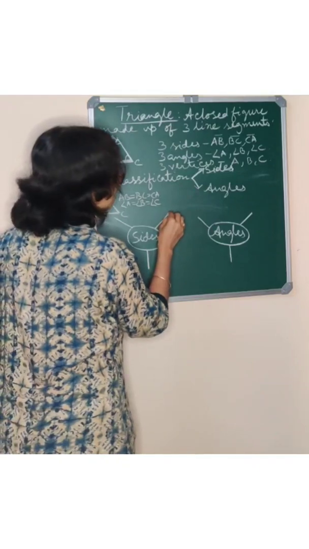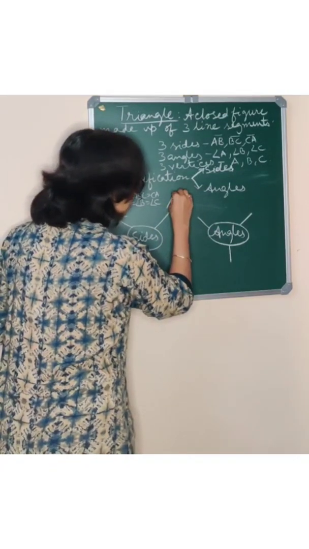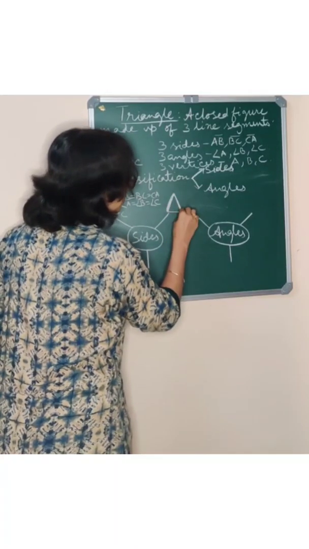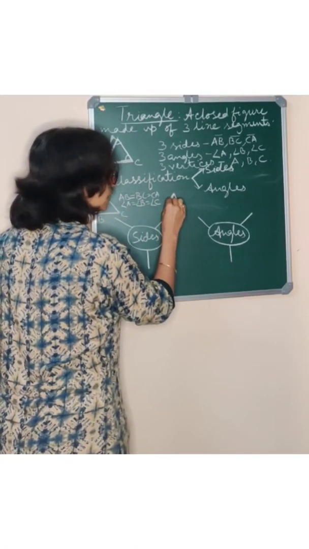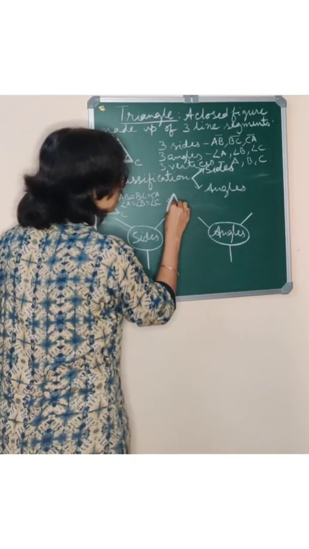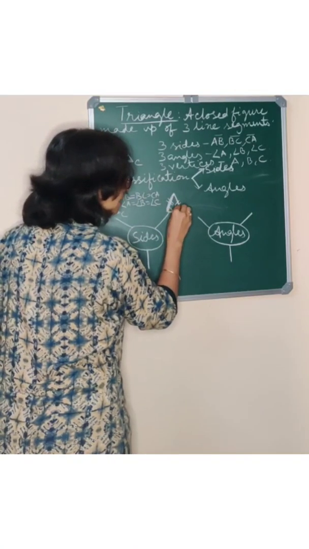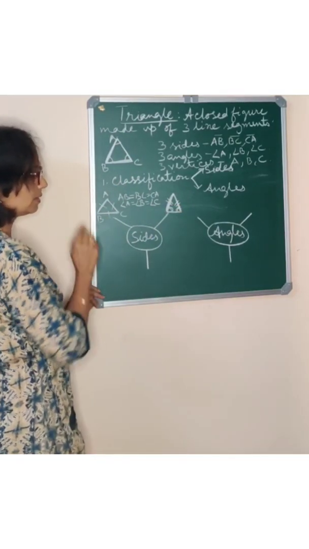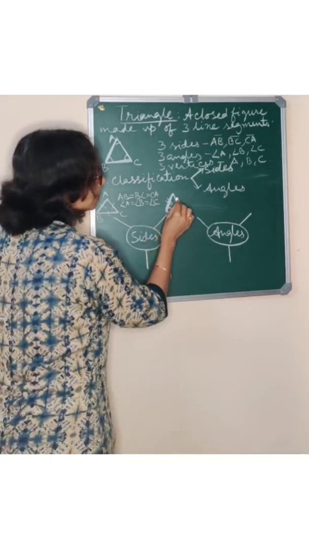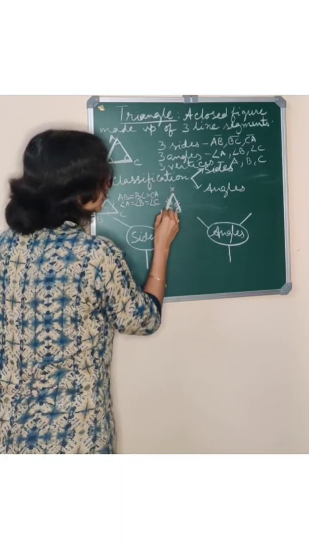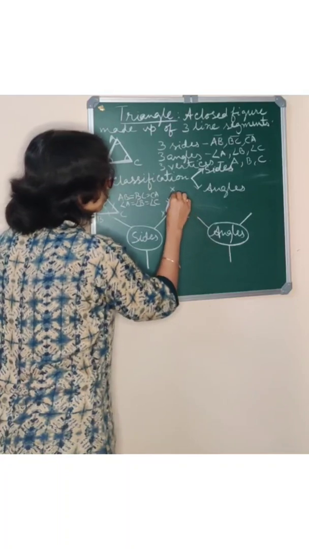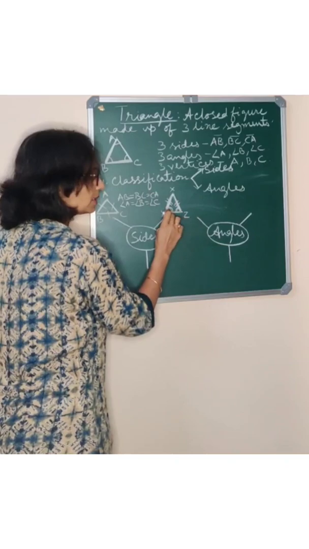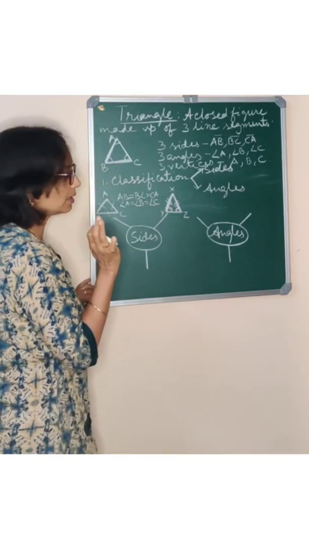Next comes the isosceles triangle. In an isosceles triangle, two sides are equal, and the two angles opposite them are equal. Let me name it X, Y, Z. This side is equal to this side, but this side is not equal to them.